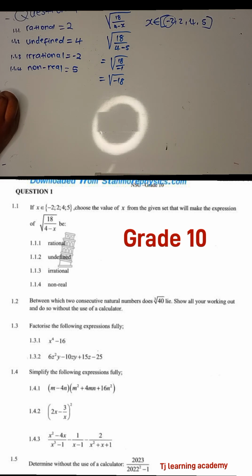Now let's proceed to 1.2. 1.2 reads as follows: between which two consecutive natural numbers does the cube root of 40 lie? Show all your workings out and do so without the use of a calculator. So we need to look for two natural numbers between which the cube root of 40 lies.